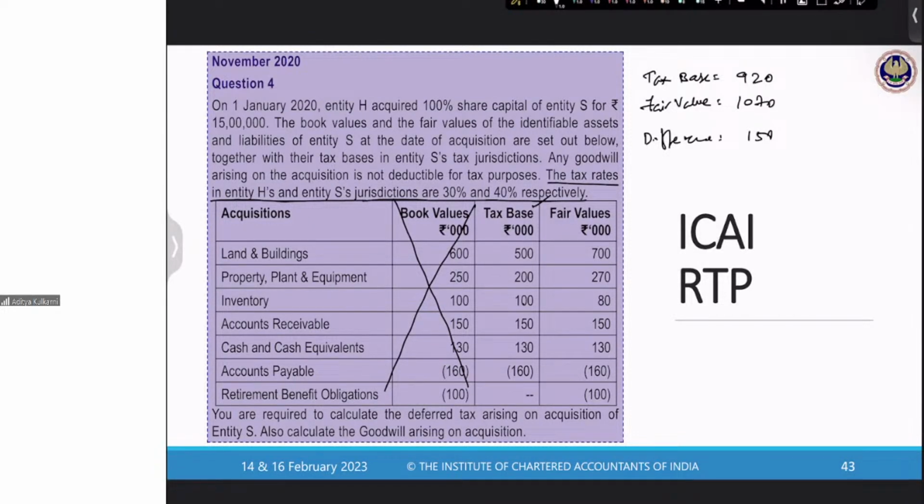And because of that, the tax recovery or tax liability will be paid in the subsidiary's jurisdiction, not in the jurisdiction of the parent. And because the recovery or payment happens in the subsidiary's jurisdiction, we are going to take the subsidiary's tax rate and not that of the holding company. That is, we are going to take the 40% tax rate. 150 into 40% is 60.